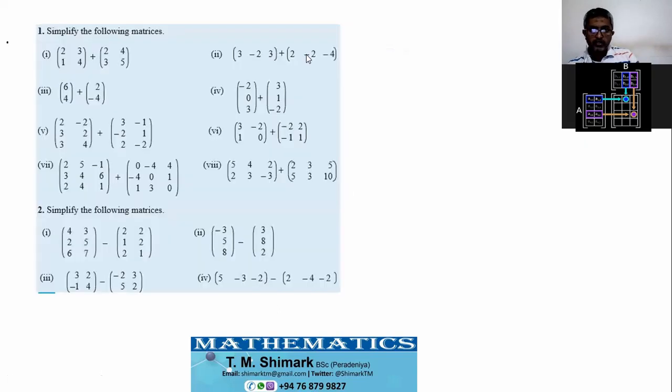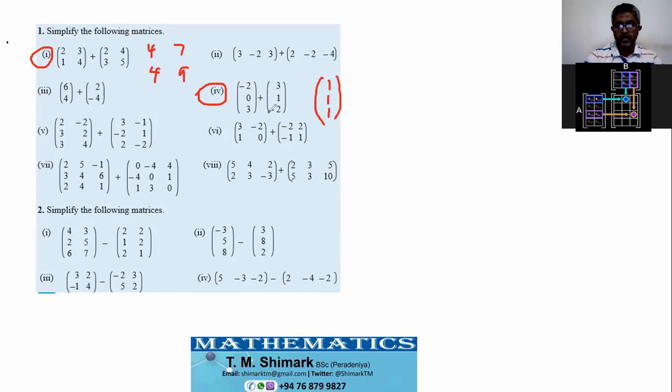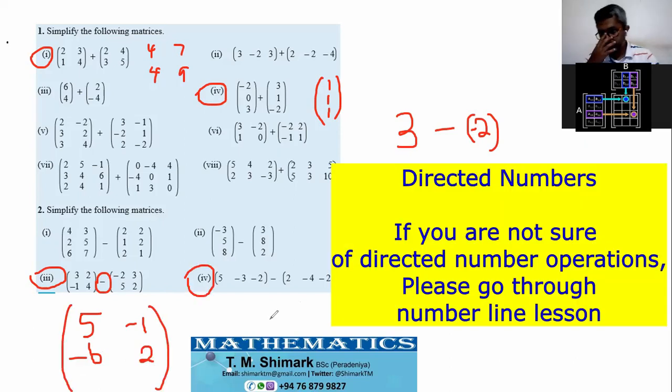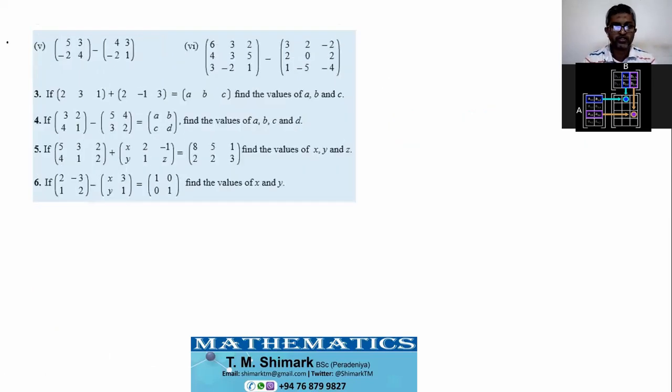Can you try the first question and the fourth one? What are the answers? 4 and 9. This one, 1. What about this one? Third one here, minus 6, 2. This kind of question comes in past paper questions.